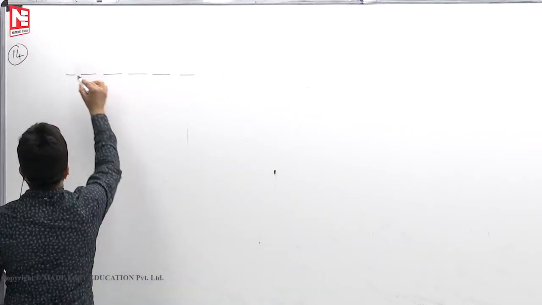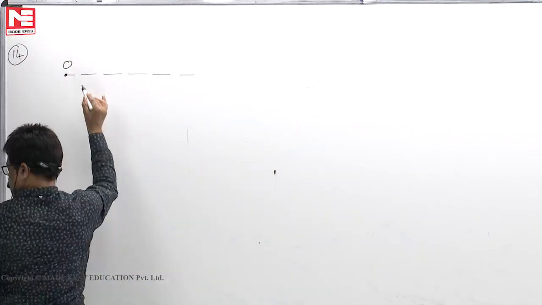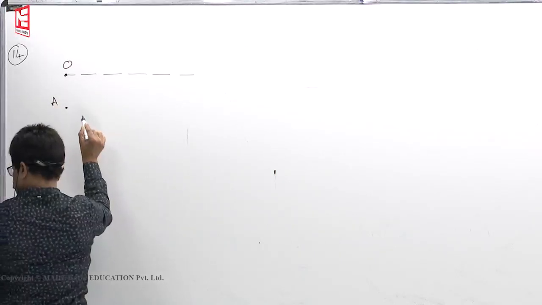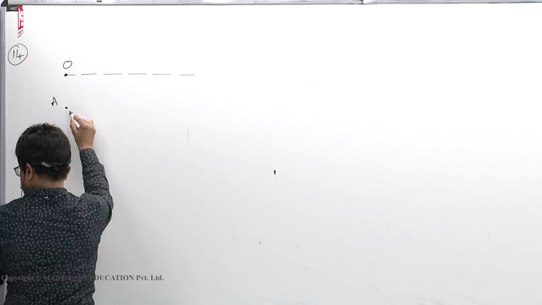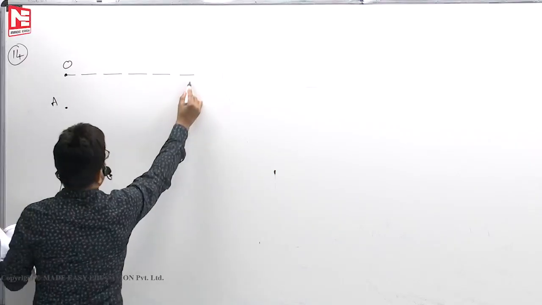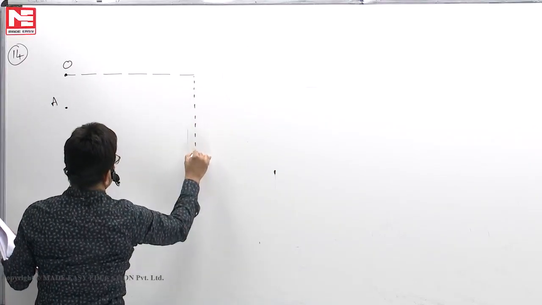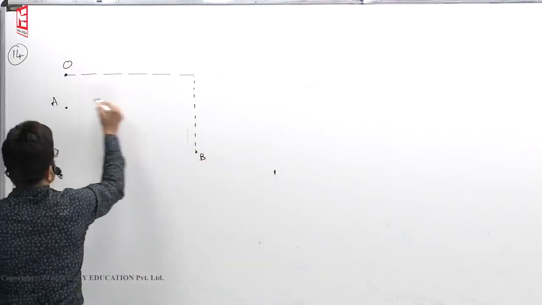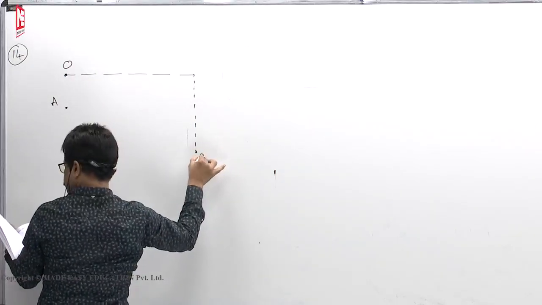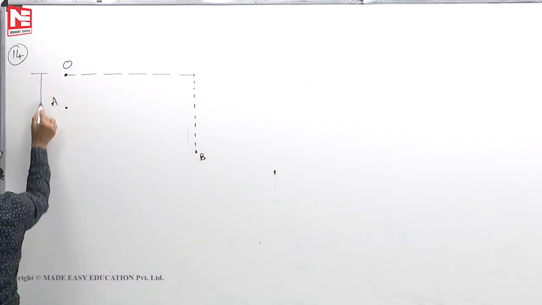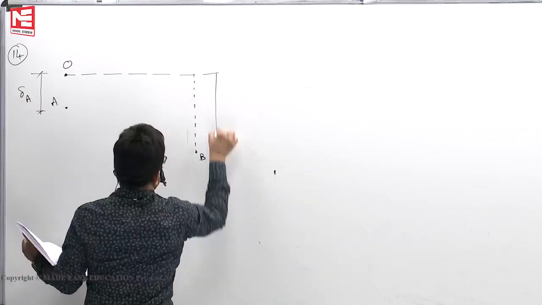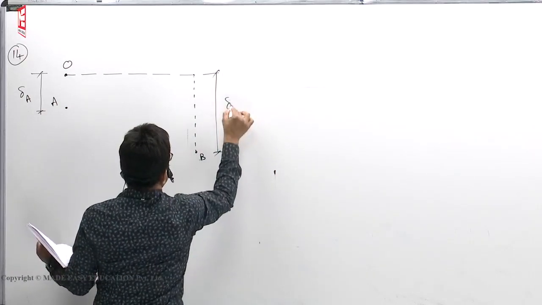This point is O. Joint O has deflected to A. Joint B has deflected to somewhere more. From here A has come down here, B has come down here. How much A has come down is delta A. How much B has come down is delta B.